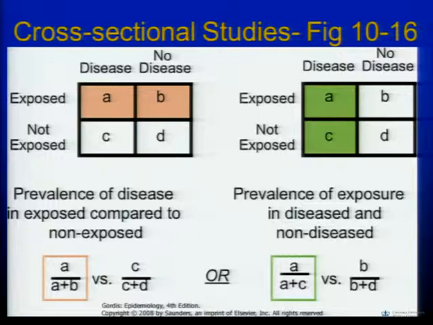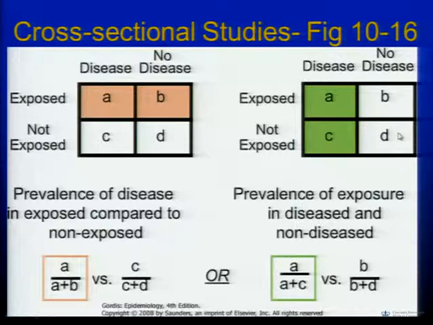We can also turn this around and say, instead I want to know the prevalence of, say, high trans fat diets in those people with adenoma. So there we're looking at who has the disease and was exposed, so they have high trans fats and they have an adenoma, divided by all the people that have an adenoma, and comparing that to the people that were exposed but had no disease, divided by all the people with no disease.